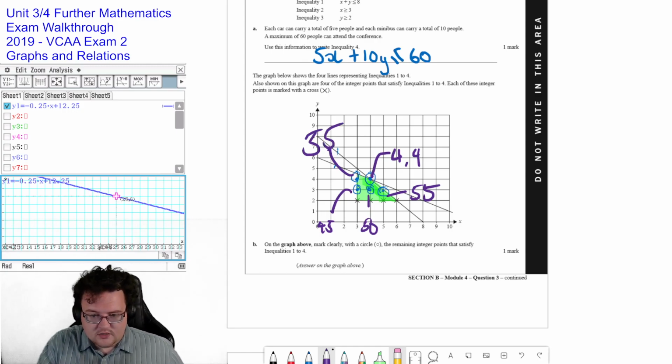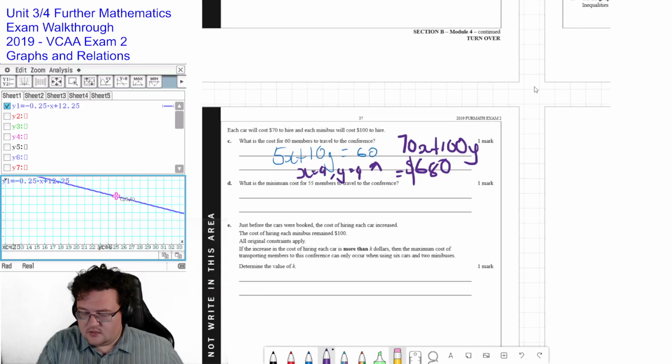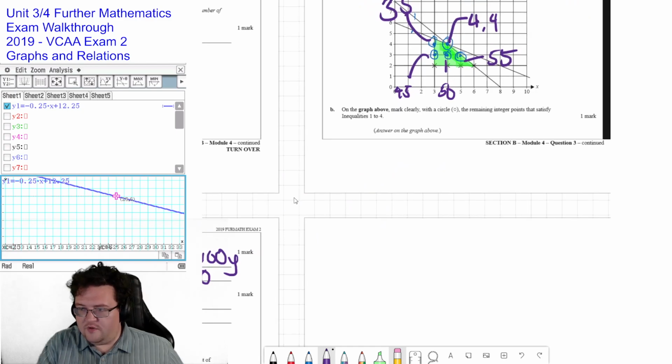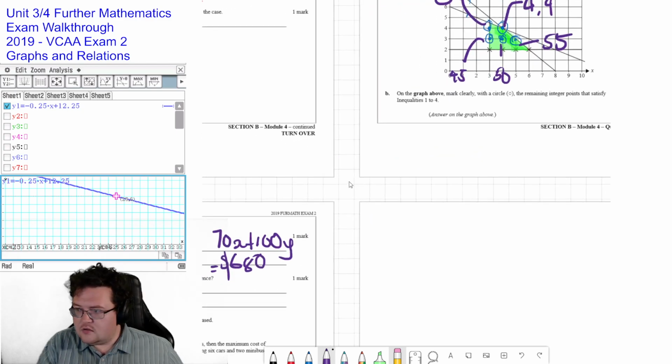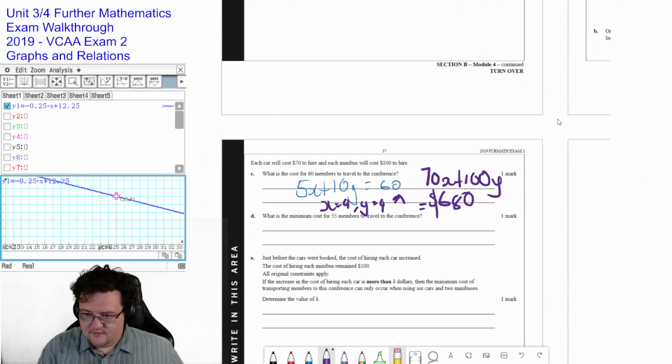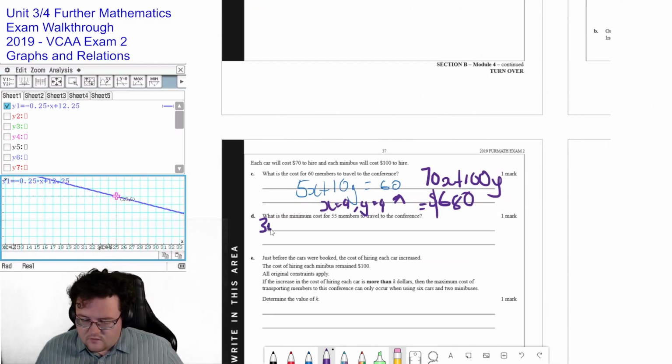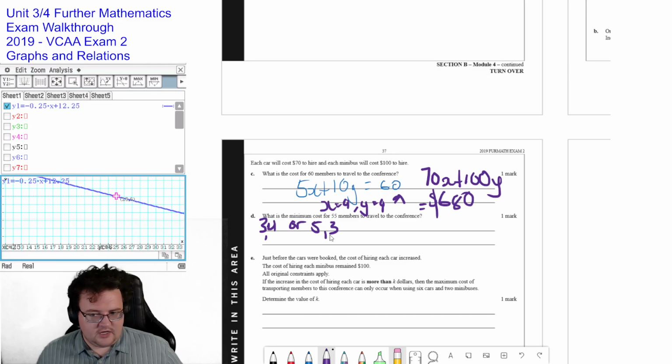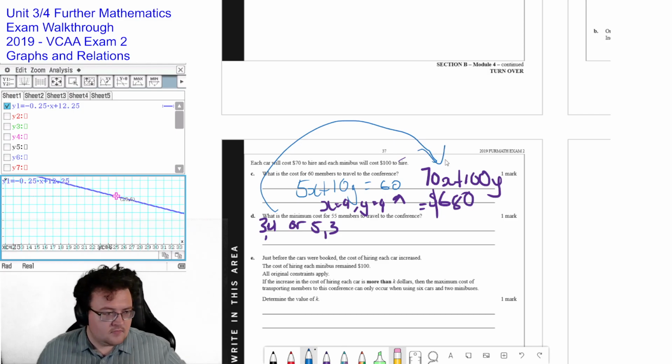And the question that they want is the lowest cost. So I have 2 points that I can work with. I can work with either 3, 4 or 5, 3. So 3, 4 or 5, 3. I can use those 2 points, and now put them into this one here, and from there, figure out which one has the lowest cost.